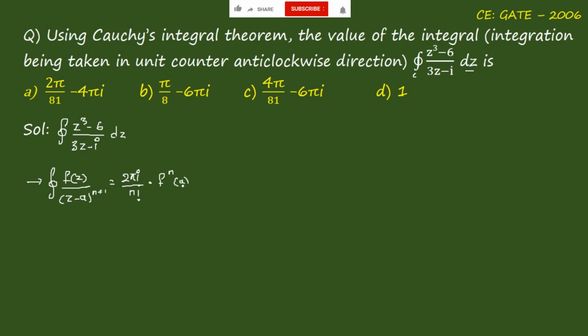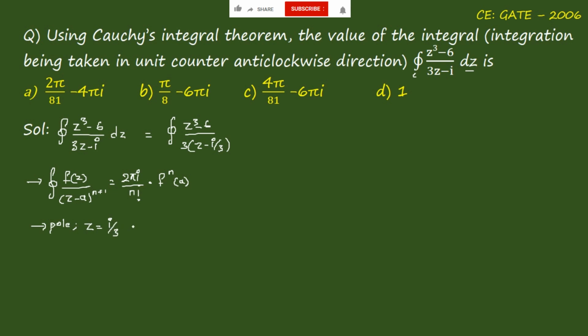Right. Now we'll be checking whether the pole is inside the circle or not. We can write this particular equation as the integral over a closed curve of z cube minus 6 by 3, taking 3 common, z minus i by 3. Now we have to check the pole. We get the pole as z is equal to i by 3.